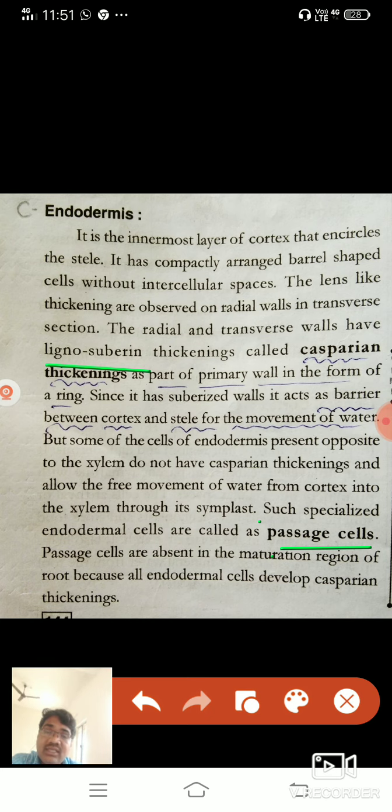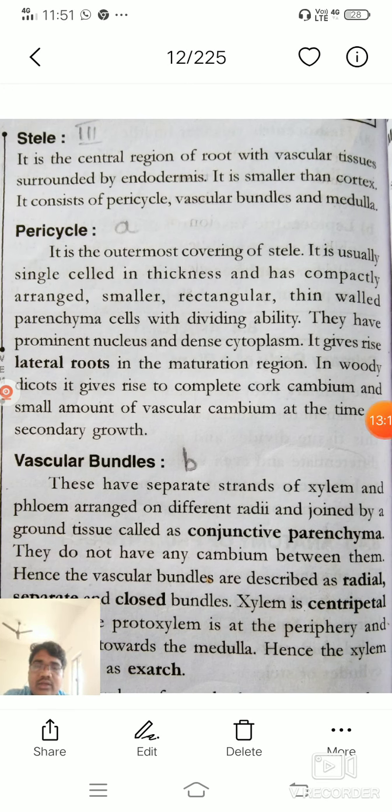Next, passage cells. Where are the passage cells? Opposite the xylem cells. So this is the endodermis, the innermost layer of the cortex. The next, third region in the dicot root is the stele.